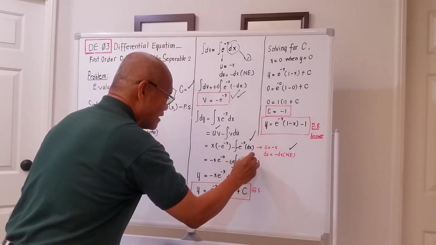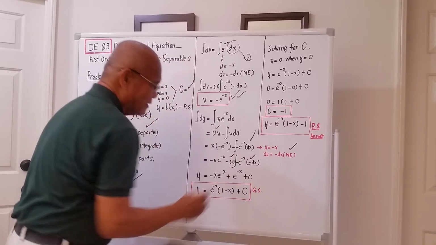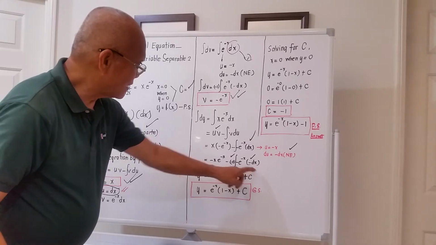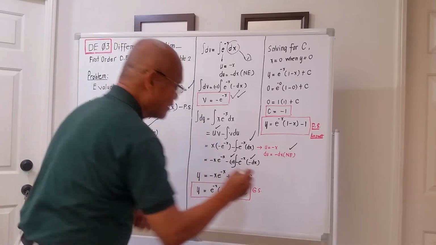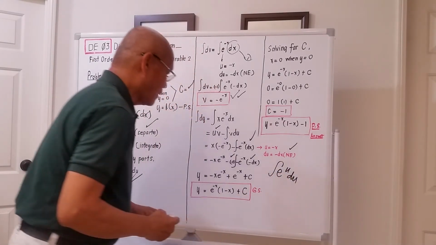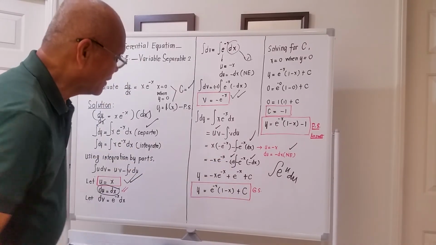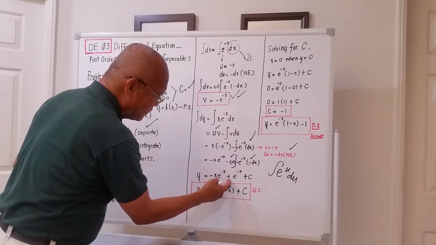So I will place a negative 1 inside, then I will place a negative 1 outside. After placing the negative sign inside and the negative sign before the integral, it now falls under the integral of e to the u du. So this should be negative x e to the negative x. This is minus, it will now become plus.